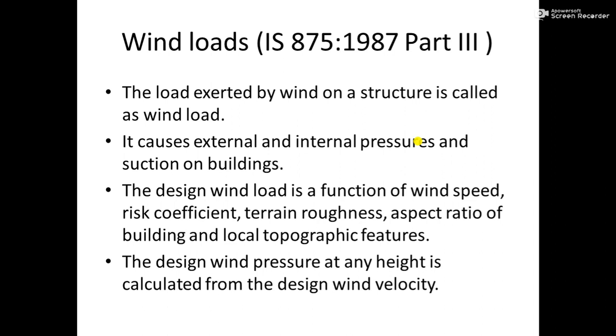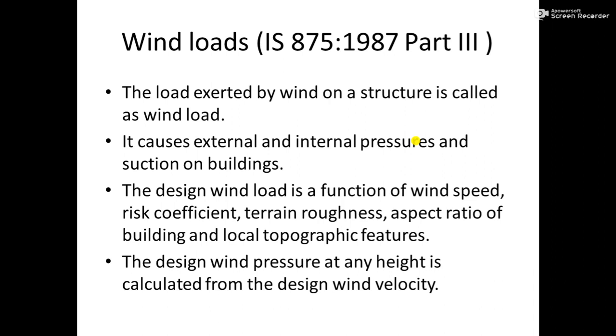At that time we have to consider the internal and external pressure. Wind acts externally, then some internal pressure is developed in the building, and this is known as suction on buildings. The design wind load is a function of wind speed. That is, this wind factor depends on the speed of the wind. The heavier the wind speed, the more the load.